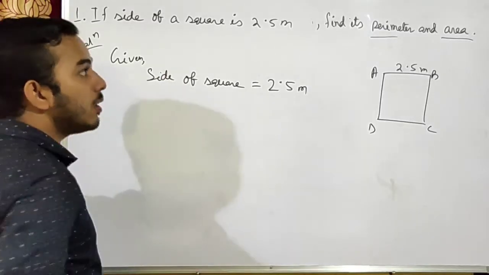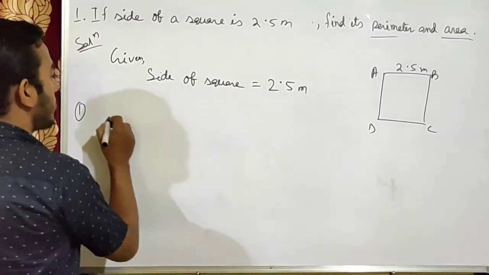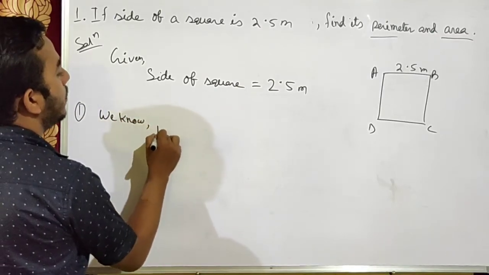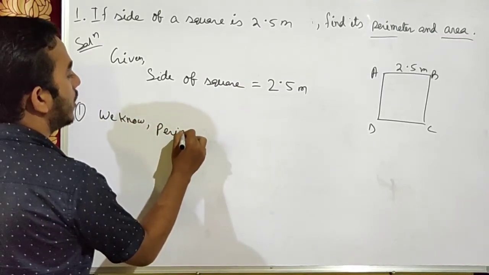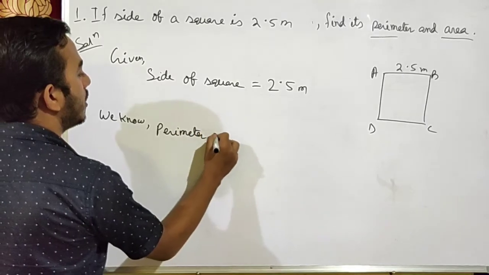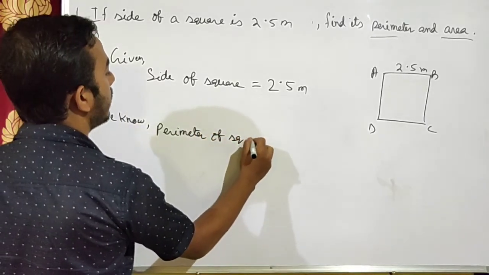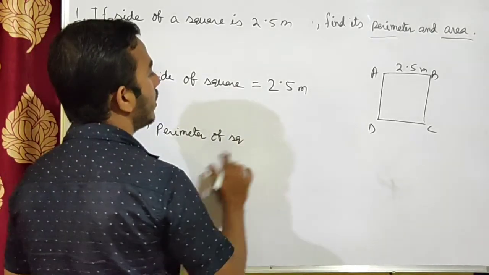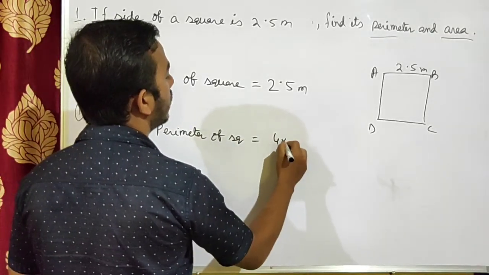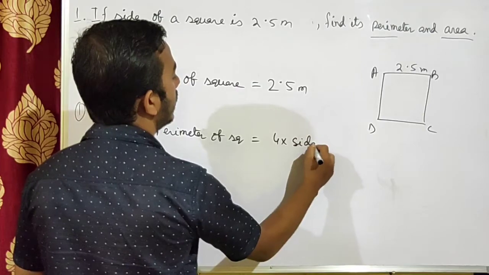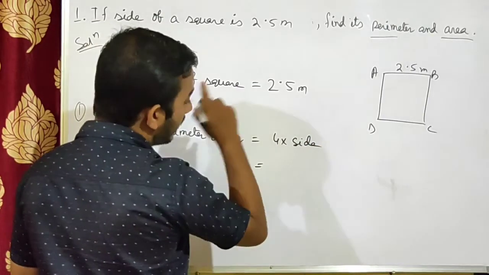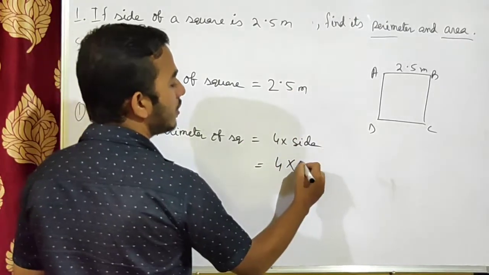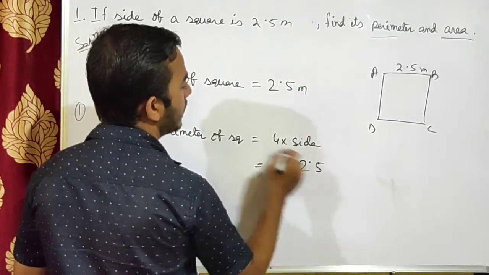Now we know perimeter of square is, perimeter of square equals 4 into side, isn't it? So in place of 4 we'll write 4, and the value of side is how much? It is 2.5, isn't it?